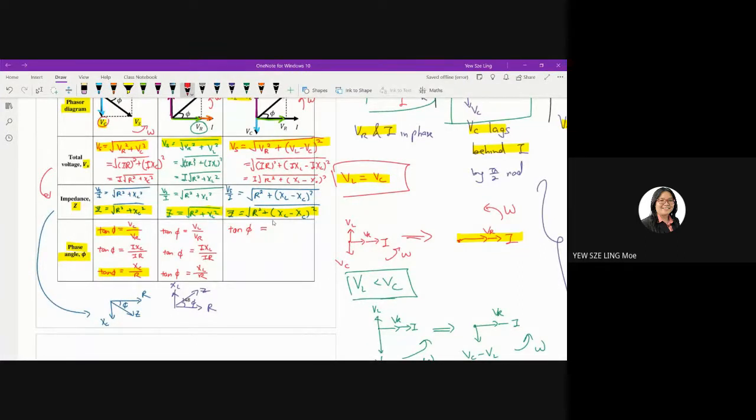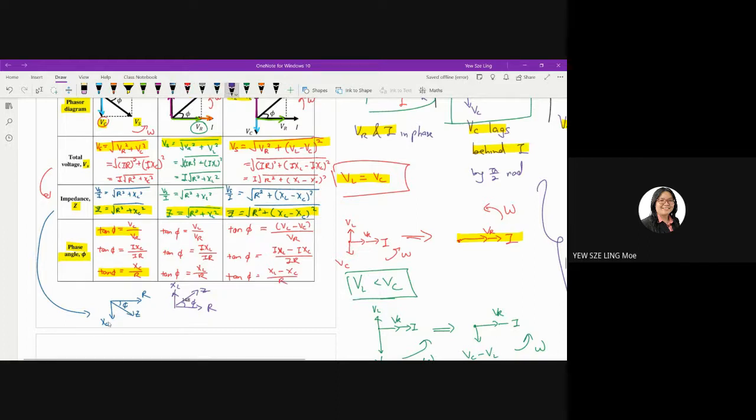Tangent phi equals to Y component over X component, now we have VL minus VC over VR. So if you expand the equation, you have IXL minus IXC over IR. Therefore, tangent phi is also equals to XL minus XC over R.